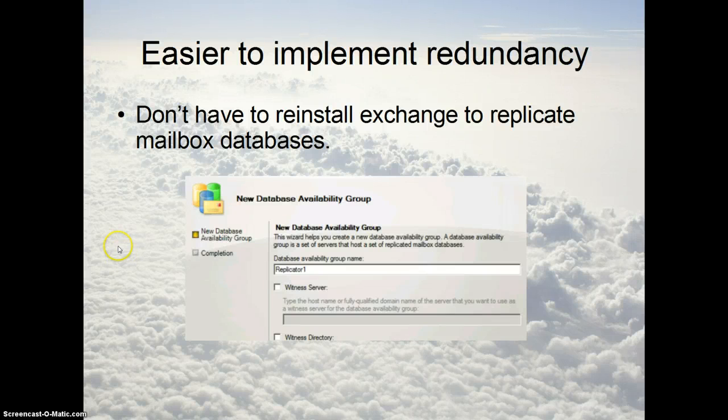All you have to do is create what they call a database availability group. This is available under your server configuration and mailbox page. It's really helpful to not have to reinstall a whole software that can take a considerably long time to install when you're trying to do something to improve performance or reliability in your organization.